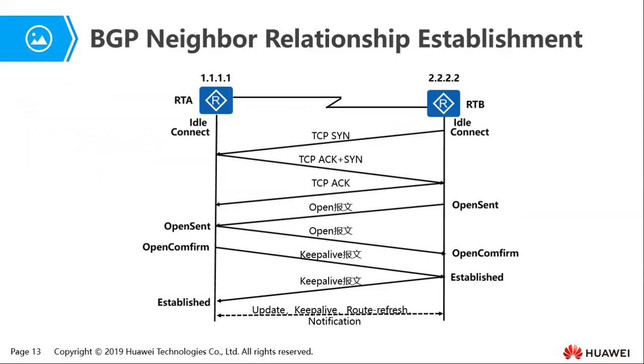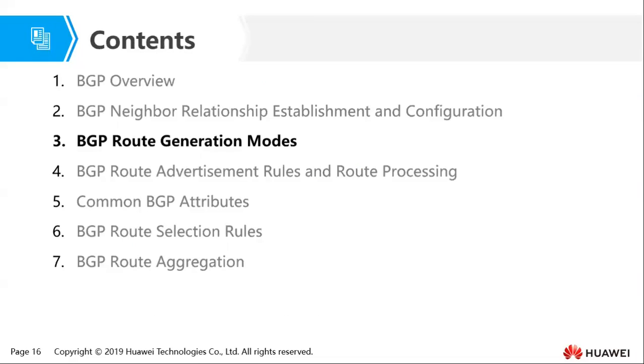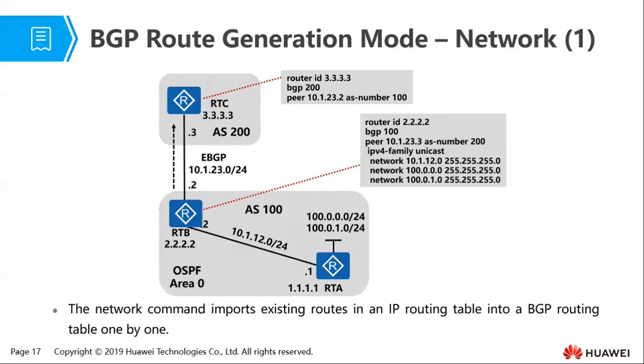Okay. So now let's look at BGP route generation modes. How does BGP share route information? BGP has 2 route generation modes. The first one is using the network command.